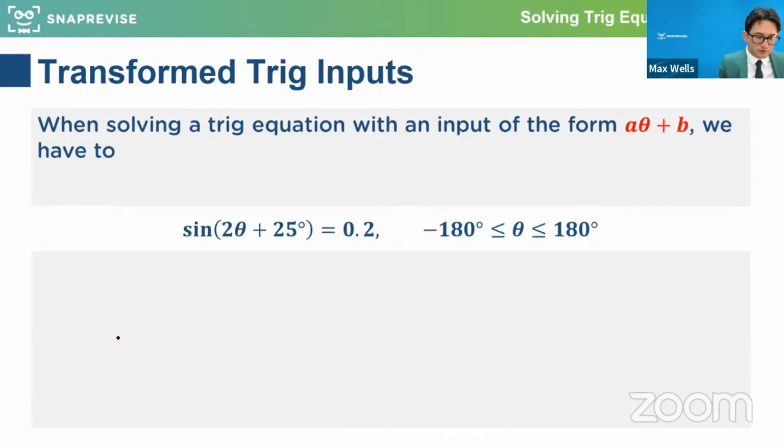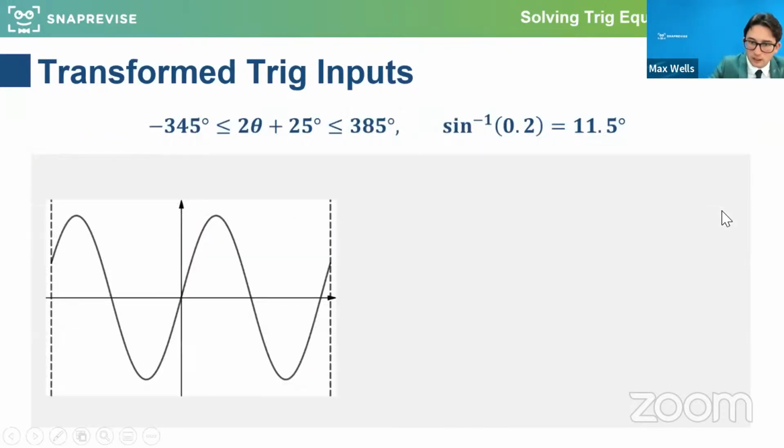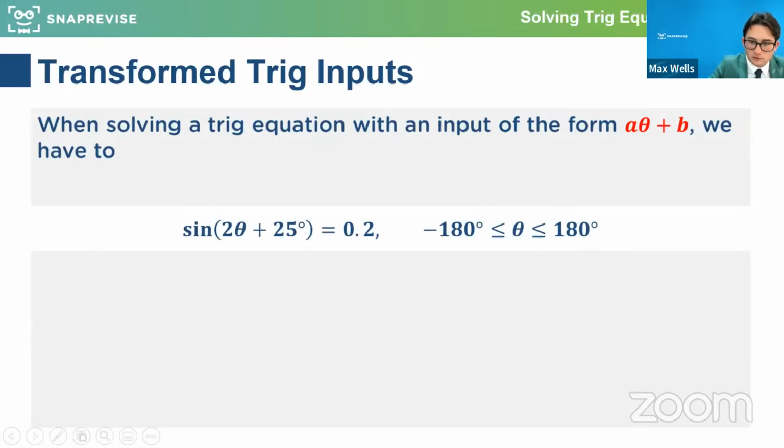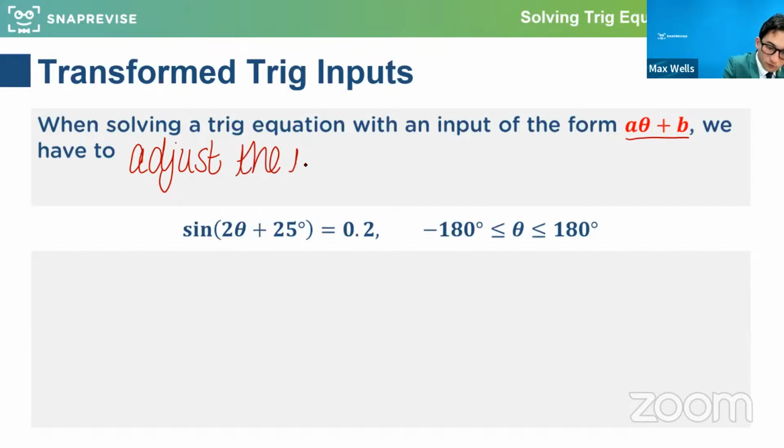So let's have a little look at this one. This one is a bit more involved. Oh, sorry, let me just try this. And do feel free to try it without me, but this one is a bit more work. So when solving a trig equation with an input of the form a theta plus b, we have to actually adjust the domain, adjust the interval we're looking at.